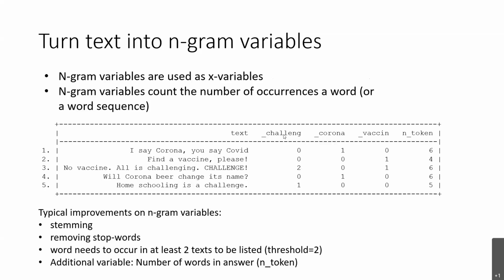Now, to be fair, challenge doesn't really show up in the same way. There's challenging and there's challenge. We get rid of the capital letters. We get rid of the punctuation here. And then there is a technique called stemming that chops off the ending of words in an attempt to reproduce the root of the word, which is challenge without the ing in there.